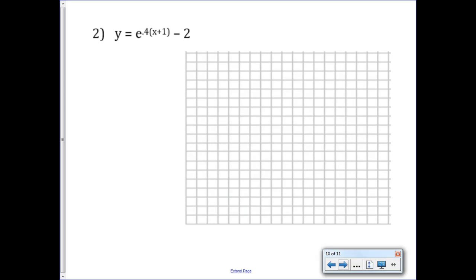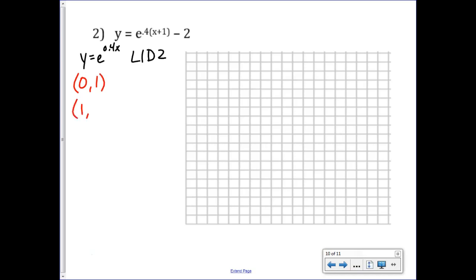All right, so our original here is y equals e to the 0.4x. And then we've moved left 1 down 2. So our original point is going to be 0, 1.